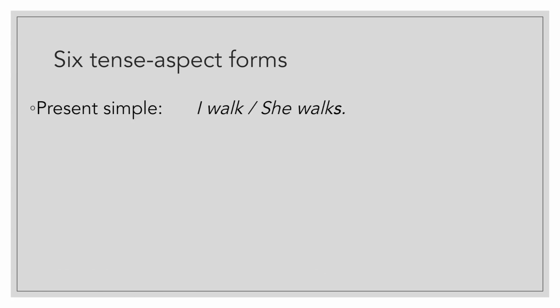Okay. So we have present simple. Present is our tense, that's our time. But present simple is going to be used usually when I'm talking about habits or routines. Okay. Past simple. The past is giving me that temporal information.